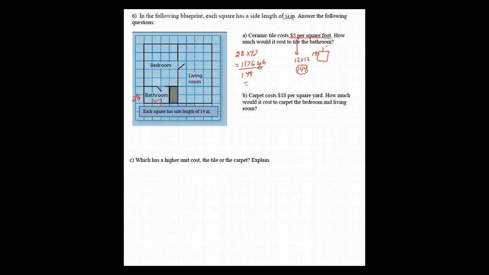The answer you would get is 8.1 tiles. But you can't buy 8.1 of a tile. You'd have to buy a full tile, so that'd be 9 tiles you have to buy. And each tile is $5, so you would spend $45 on tiles.